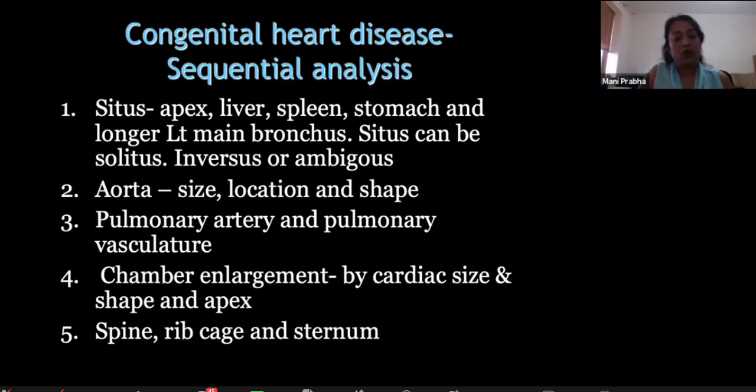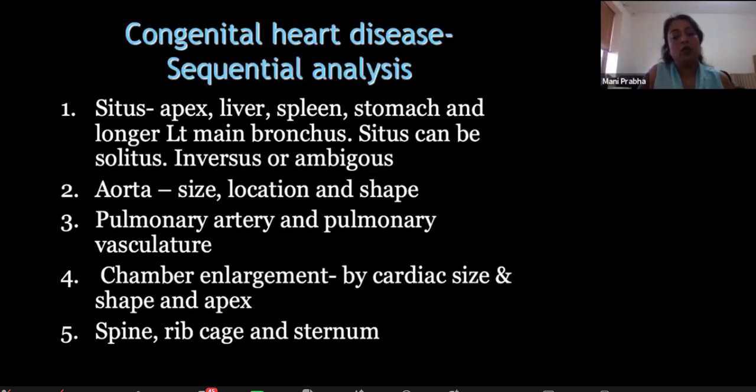Later on, the chamber enlargement. Right atrium would enlarge on the right side. A left atrium would cause a retrocardiac shadow. Left ventricle would enlarge on the left side, dipping the apex. And if the right ventricle is enlarged, the apex would be slightly upturned.